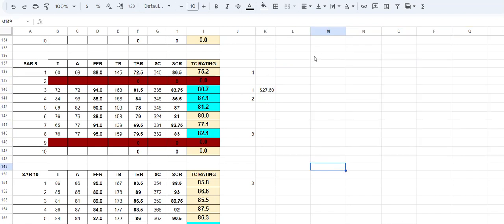And an idea that I'm playing around with is, every time a horse shows up in a qualitative category, maybe add to this TC rating. Put a formula in that, let's say, for example, this was a turn move category. If this horse has a 1 here, boom, I'll have the formula where this automatically will go from a 75.2 to a 76.2.